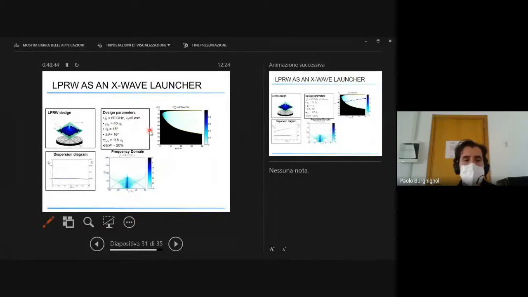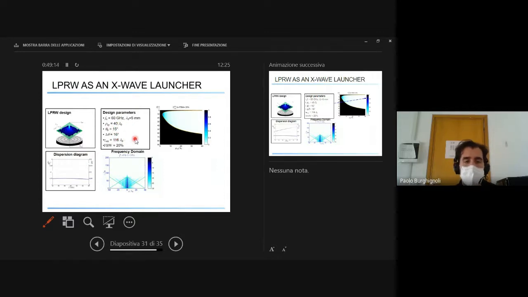Basically, you fix some design parameters such as the operating frequency, the aperture size, the X-axicon angle, and the maximum dispersion of the X-axicon angle that you want within the bandwidth, that here is fixed to a fractional bandwidth of 20%.